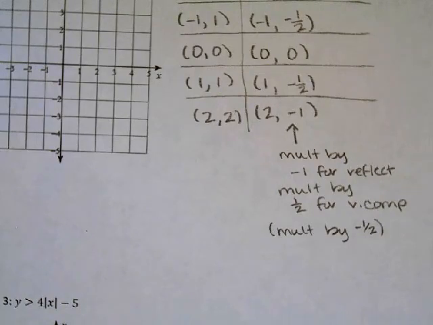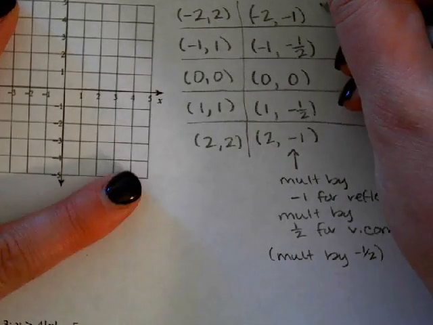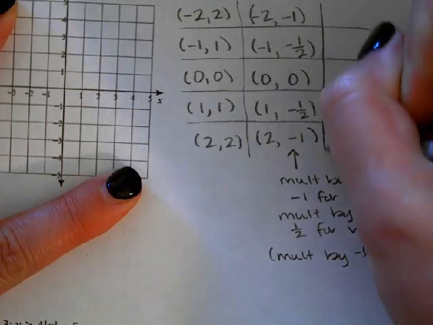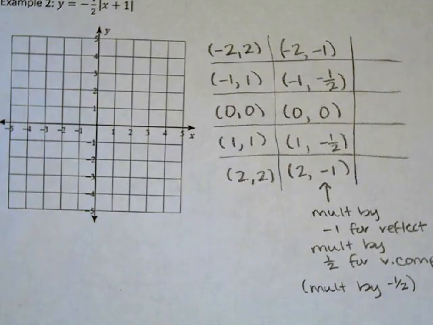Okay, the next transformation we have is we're going to take the points and shift them to the left 1. Is that going to change the x coordinate or the y coordinate? It's going to change the x coordinate. What are you going to do to the x coordinate? You're going to subtract 1 from it.